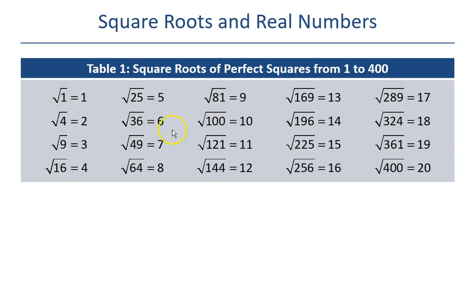Now, notice the numbers go 1, 2, 3, 4, 5. That if we multiply any of these numbers out here by themselves, 9 times 9 is 81. 10 times 10 is 100. That is, if we square these, we get the radicands here.